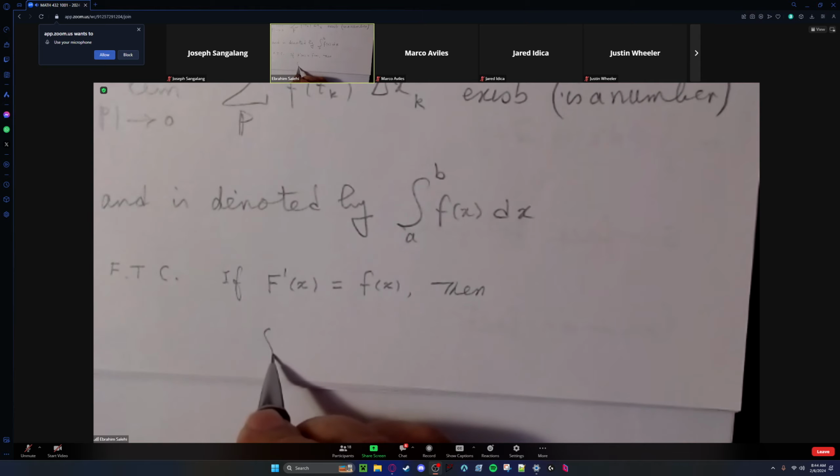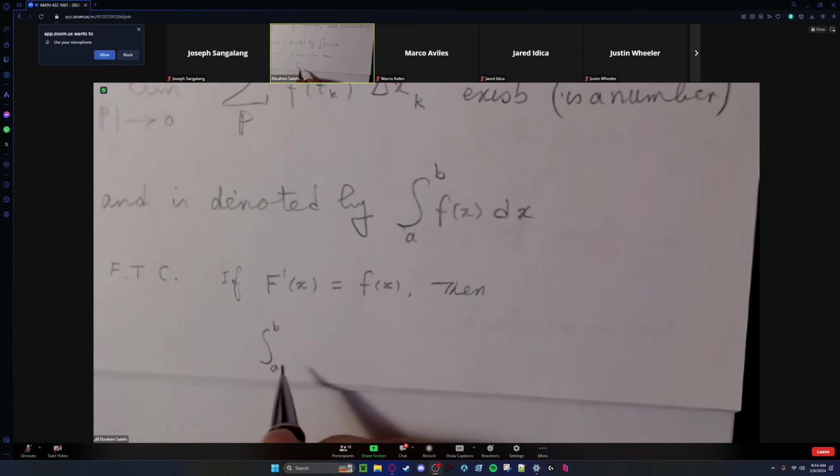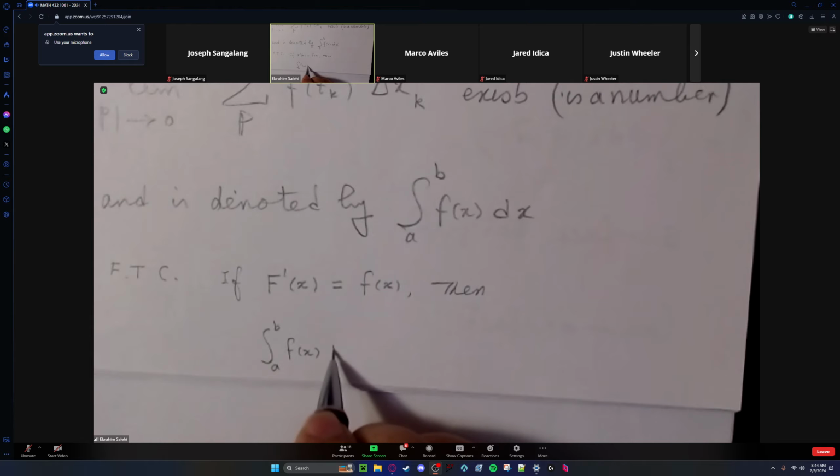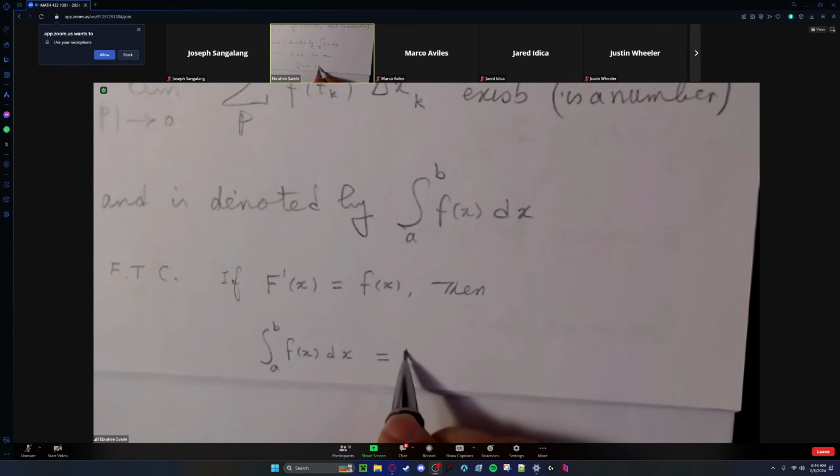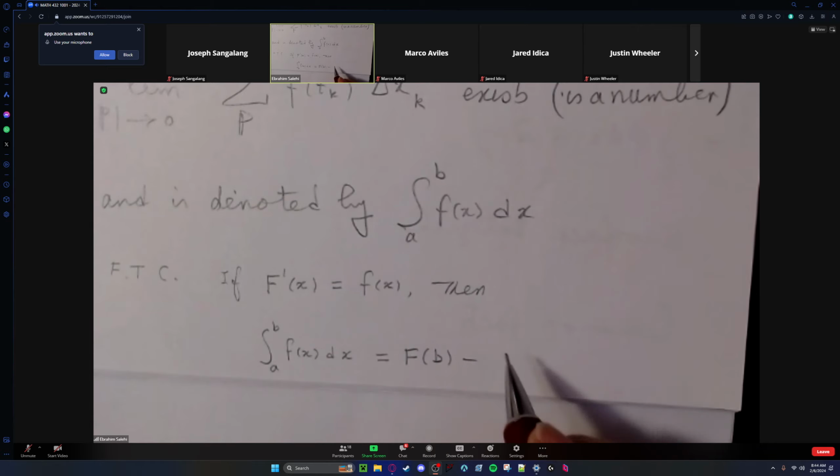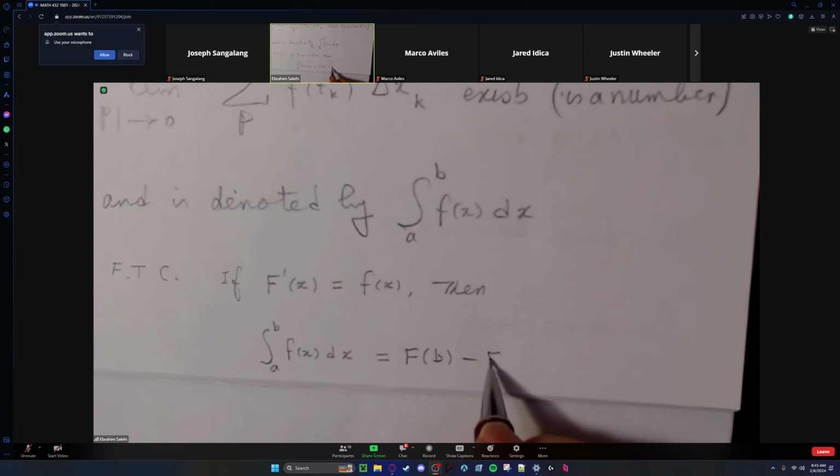It says, if you want to calculate this, you don't have to go through that process. It is just the antiderivative evaluated at b minus the antiderivative evaluated at a.